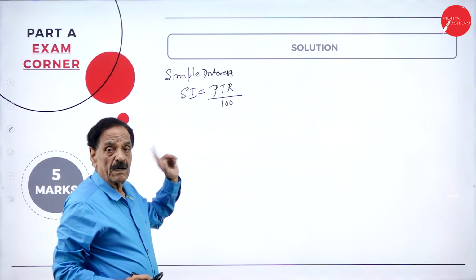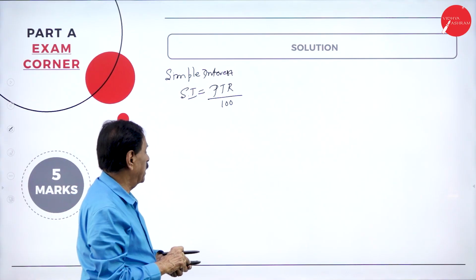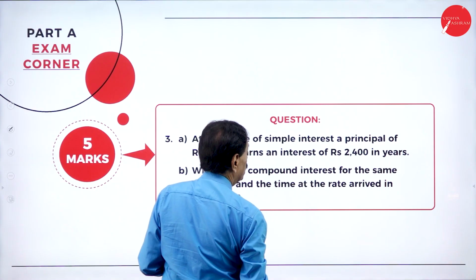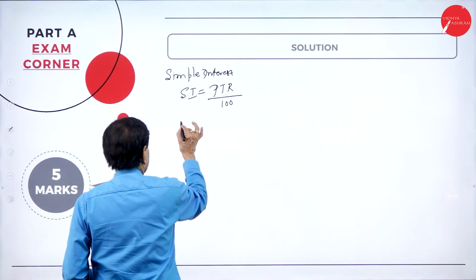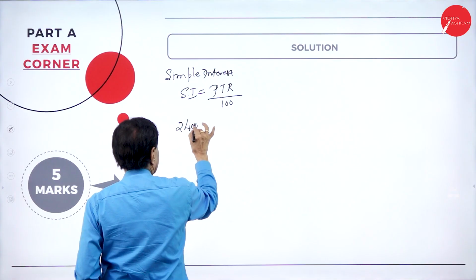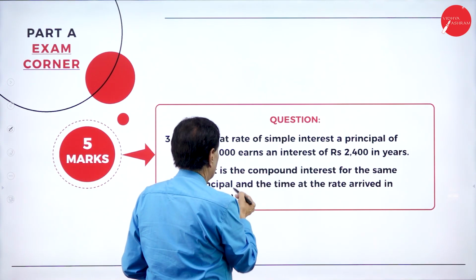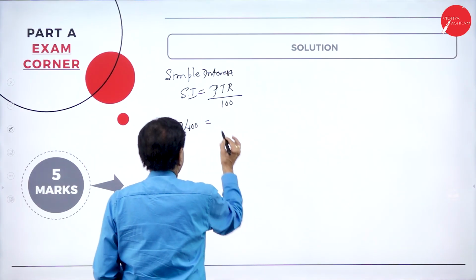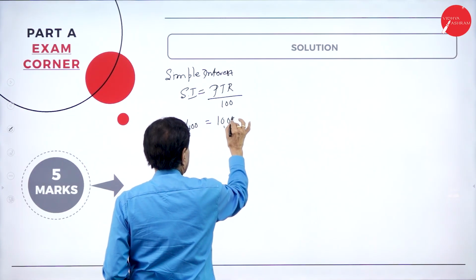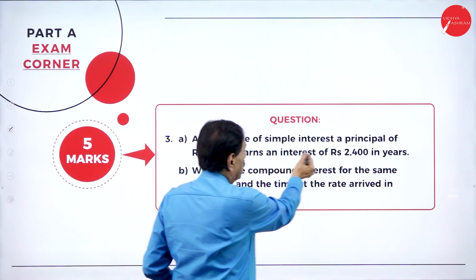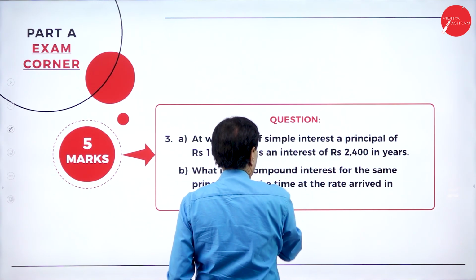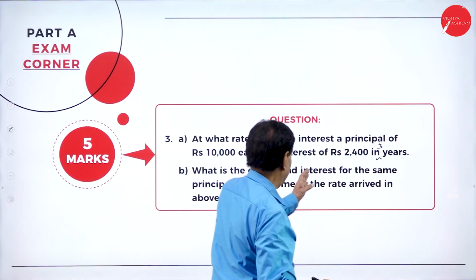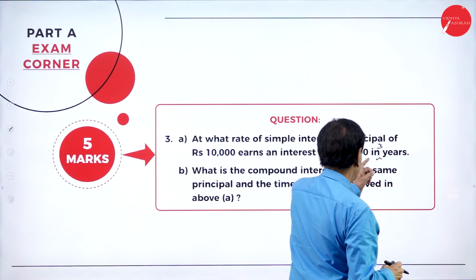T is the time, R is the rate, divided by 100. Apply now. At what rate of simple interest does a principal of rupees 10,000 earn an interest of rupees 2,400 in 3 years?